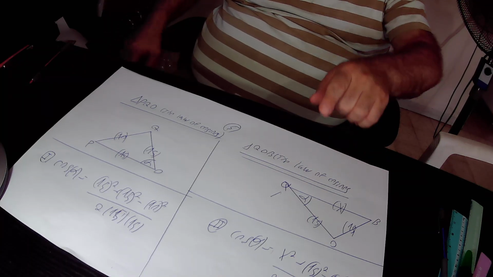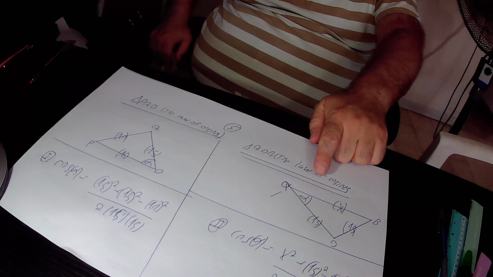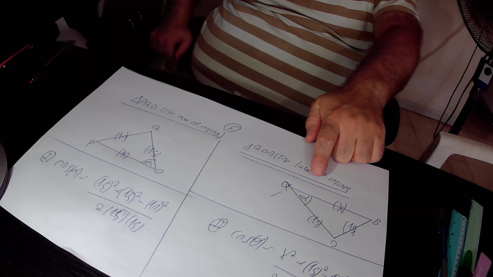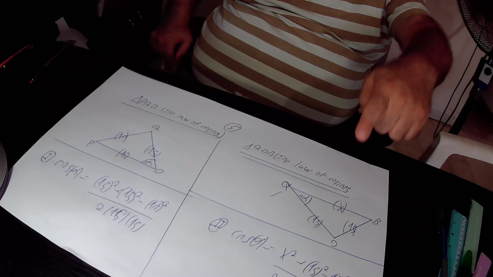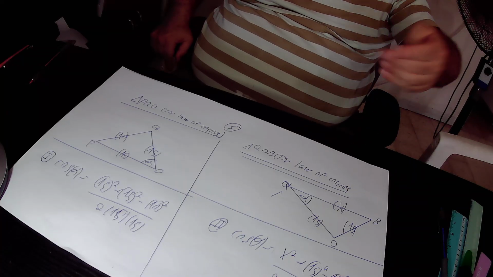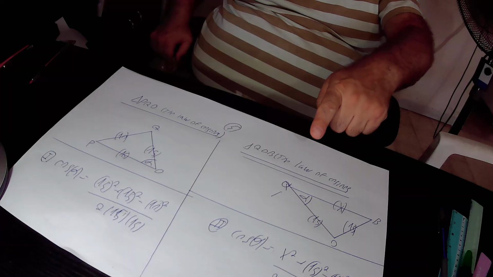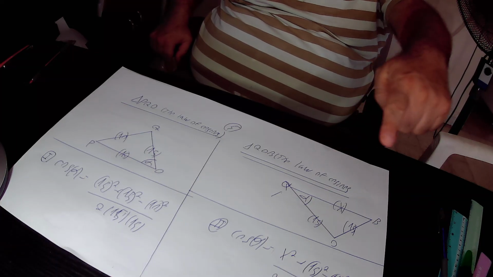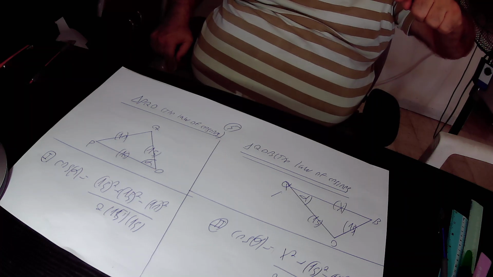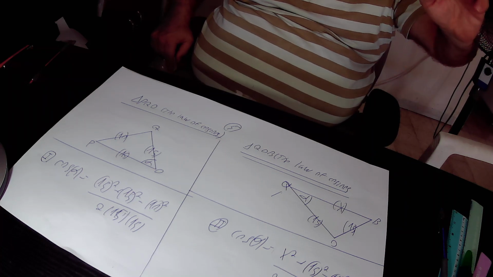According to the law of cosines, in this white triangle QBO, cosine alpha equals x squared plus 15 squared minus 15 squared over 2 times x times 15.